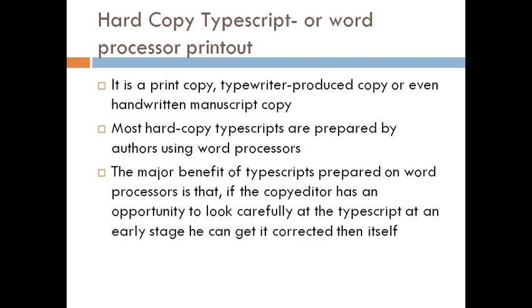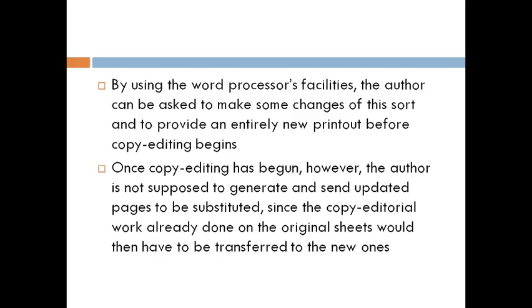So the copy editor can ask for a double-spaced copy of the bibliography, and he can ask the author to integrate several sections, or he can even ask the author to subdivide. So these are the benefits of using a hard copy typescript with the use of a word processor.